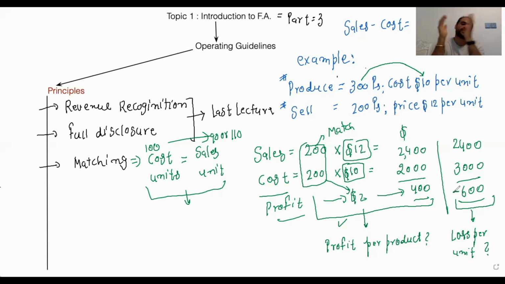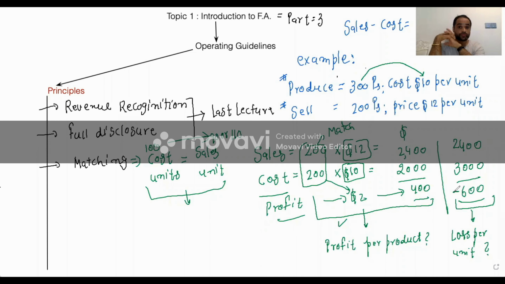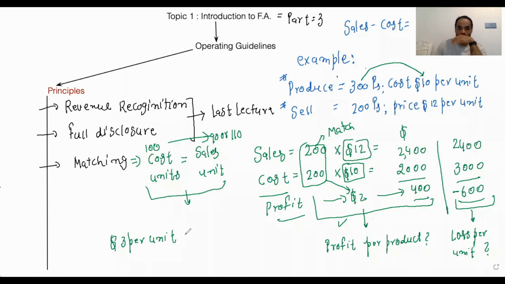Tell me, how much is the loss per unit? 3. Loss per unit is 3. So $3 per unit. And you multiply by what?